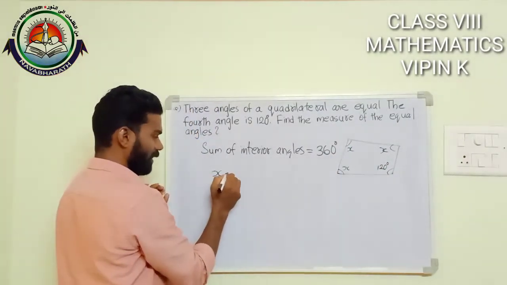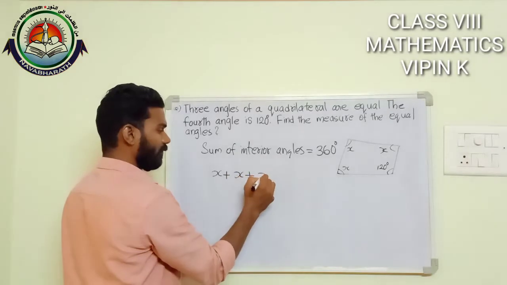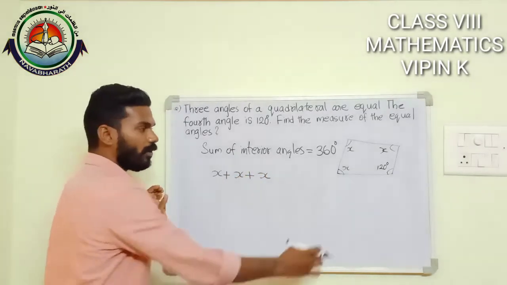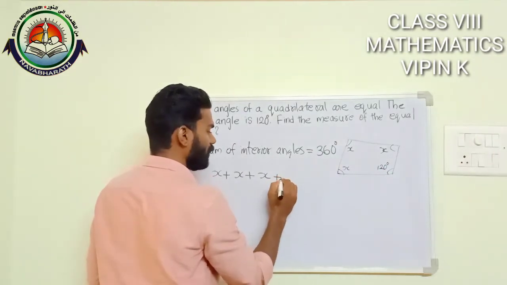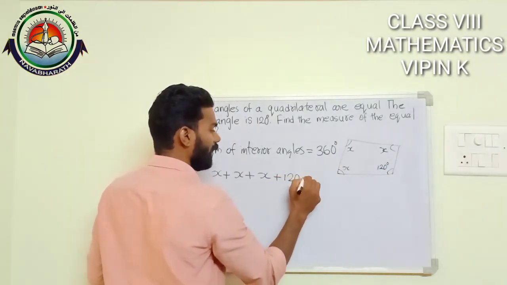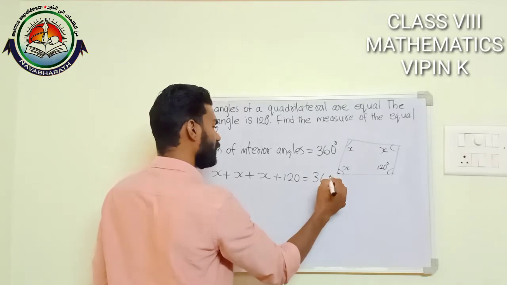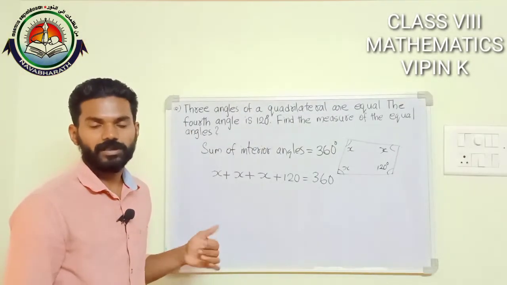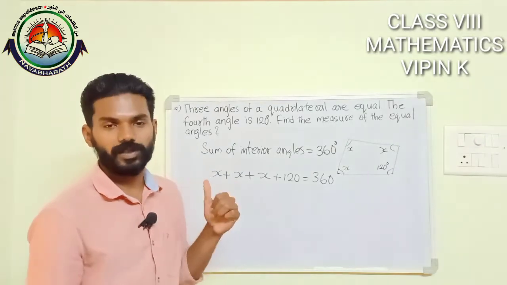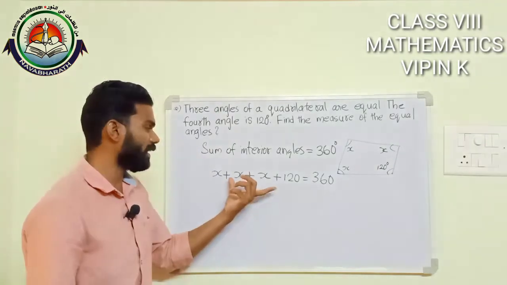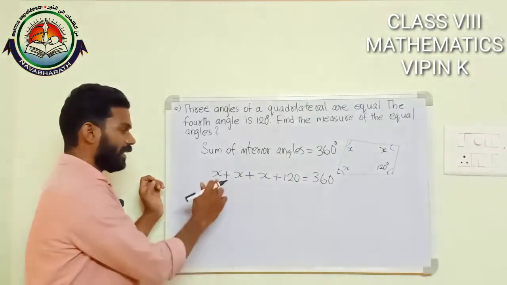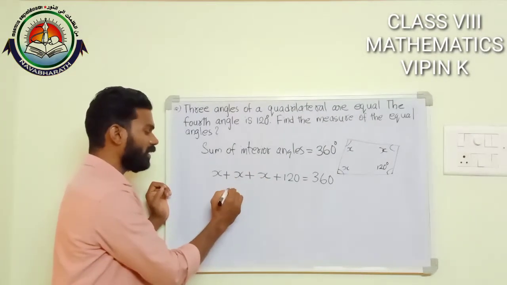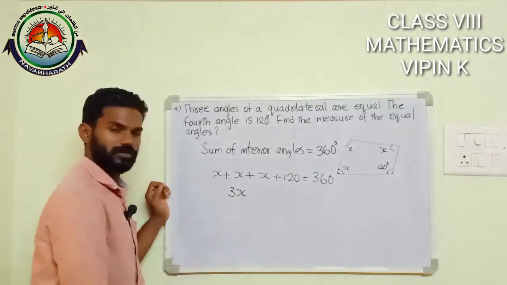The first three angles are x itself and it is already summed up. Now the fourth angle is 120, so plus 120 and the answer would be 360. So here is an equation related with x. Now you want to solve this equation. First of all, we can simplify it. x plus x, 2x. 2x plus x, it would be 3x.